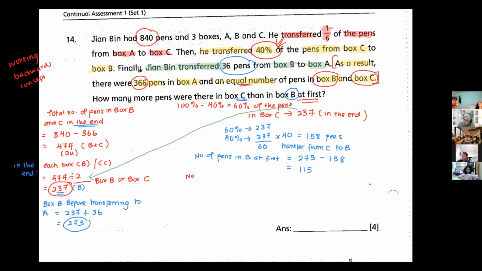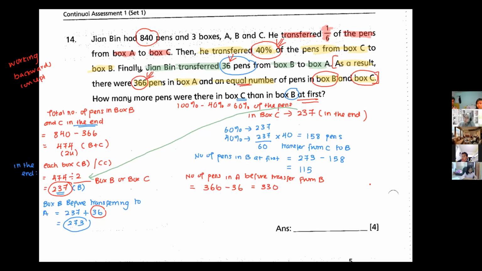The number of pens in A before transfer from B equals 366, take away your 36. Where do I get the 36? There. Can you see? Equals 330.